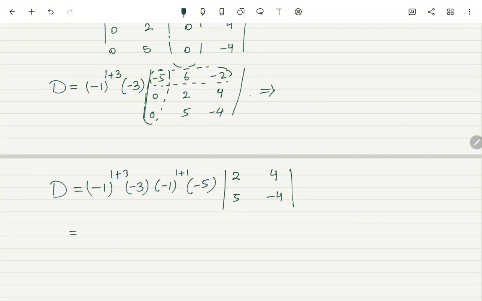Upon simplifying this, minus 1 to the power 4 is just 1. So minus 3, minus 1 to the power 2, it's 1, times minus 5, just leave it as is.